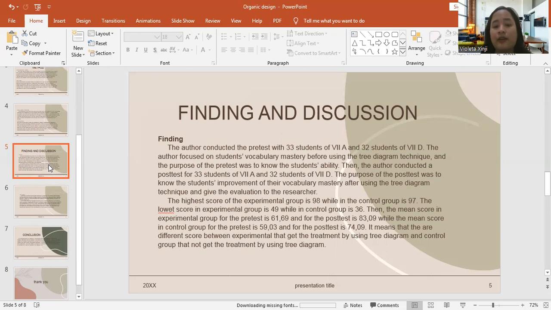Then the mean score in the experimental group for the pretest is 61.69, and for the post-test is 83.09, while the mean score in the control group for the pretest is 59.03, and for the post-test is 74.09. It means that there is a different score between the experimental group that got the treatment by using tree diagrams and the control group that did not get the treatment by using tree diagrams.